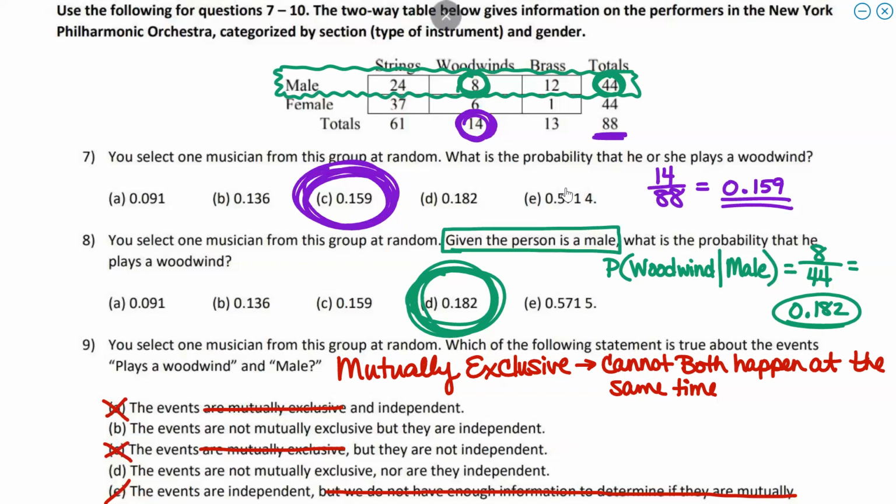I put that on the wrong one. So option D, not mutually exclusive, nor are they independent.